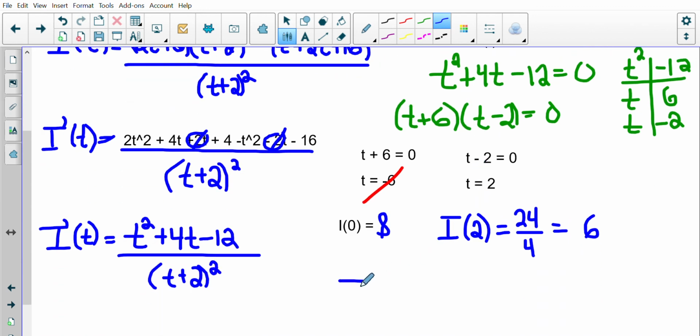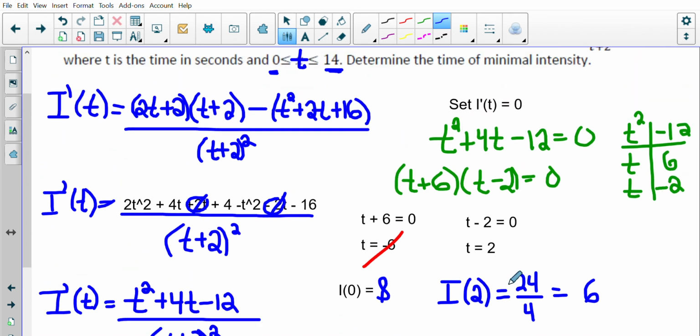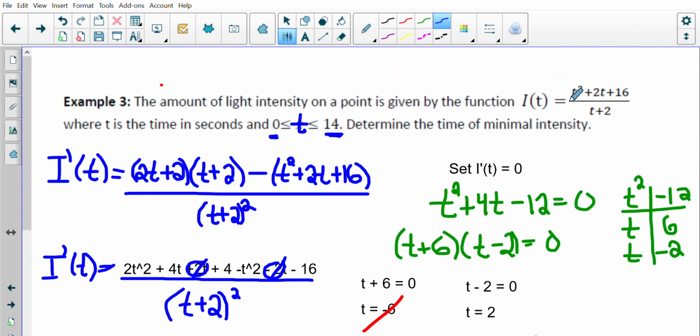All right, we got one endpoint more to check out. That's, oh boy, 14. Got to sub in here, I have 14. Let's see, in the bottom I know it's t plus 2, so 16 in the bottom. Great, now up top. 14 squared is 196, okay?